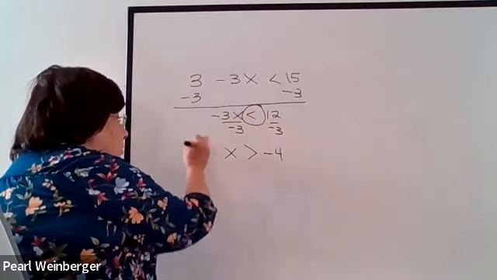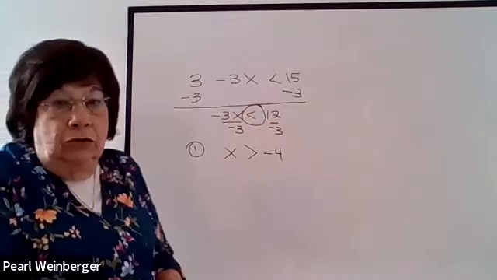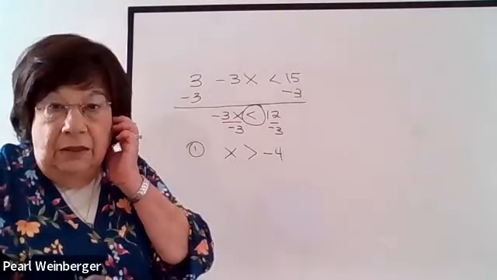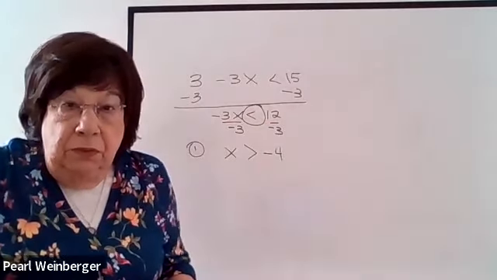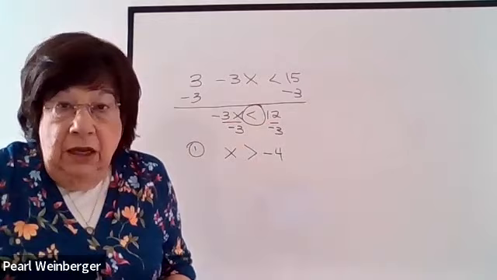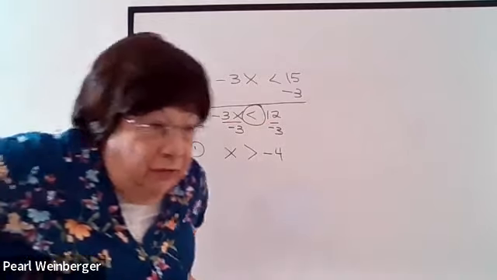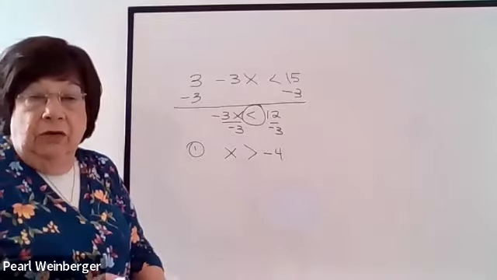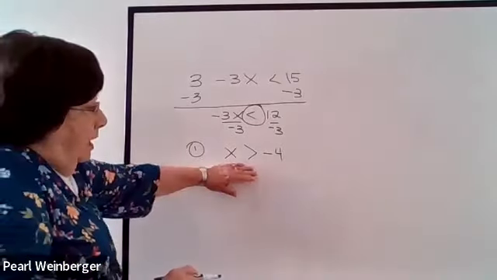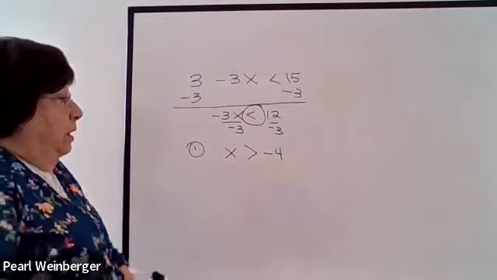So number 1, this is our solution written as an inequality. That's the simplest way of writing it. It's the way it's written after you finish solving it, you've gotten it written as an inequality. So if it's negative, the inequality switches?